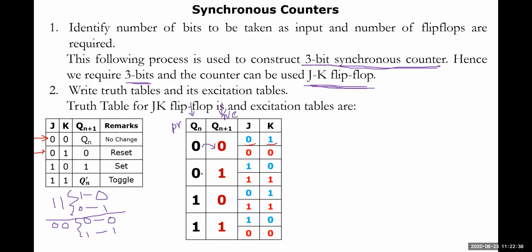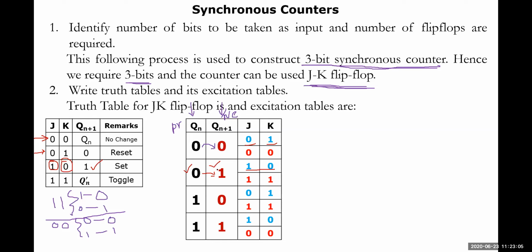Then, the previous output is 0 and we want to get 1 as output. There are again two possibilities. One is if J is equal to 1 and K is equal to 0, you could get 1 here. The second possibility is that whatever the previous output, it must be toggled, complemented. Previously it was 0, now it is complemented to 1.